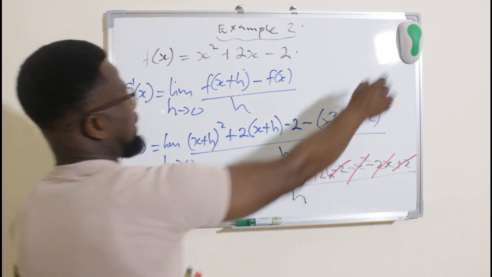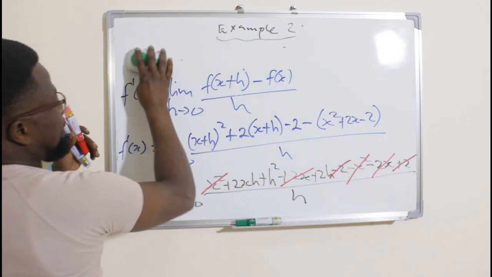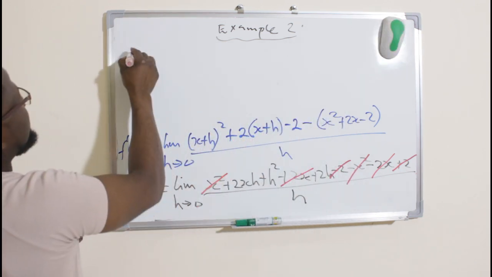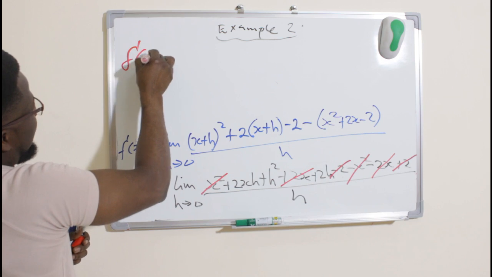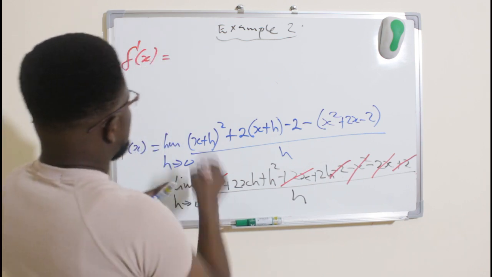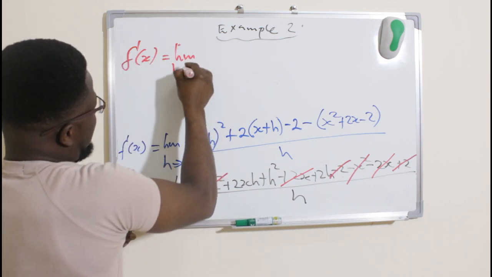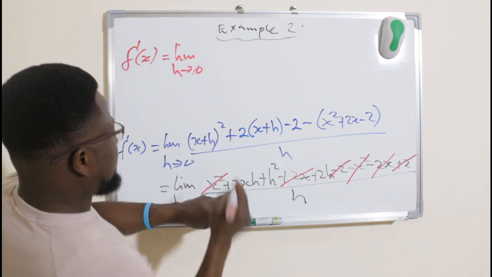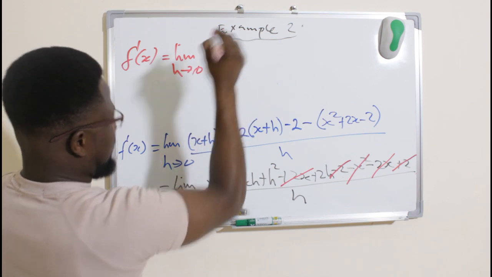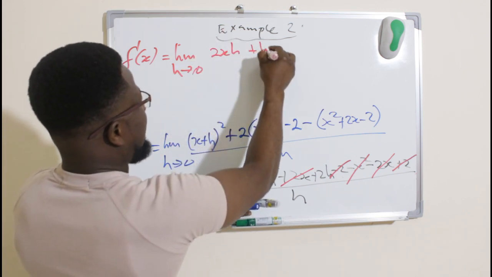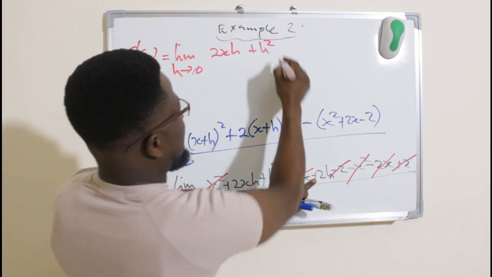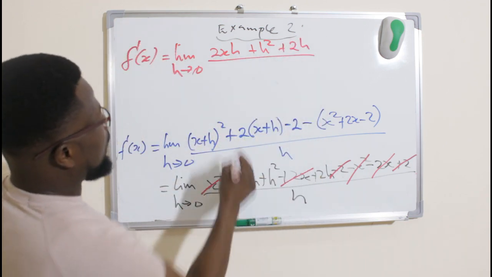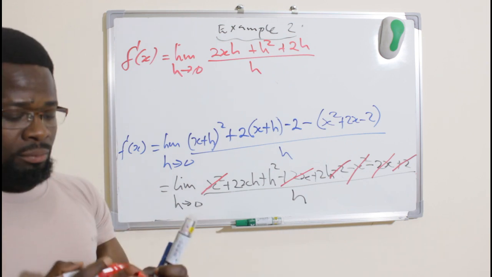Right, so let's go back up here. So this becomes f prime of x is equal to the limit as h approaches 0. Okay, and what I have is 2xh plus h squared plus 2h all over h.